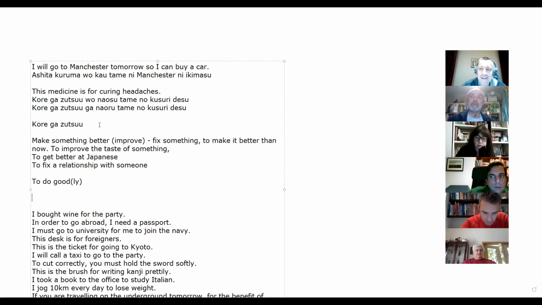Not ii, but yoi. This is now the adjective, but we want to make an adverb, don't we? Yoku. Yoku shimasu. You can use this for all of these situations to say make something better, fix it, improve it. All these things you can use yoku suru.